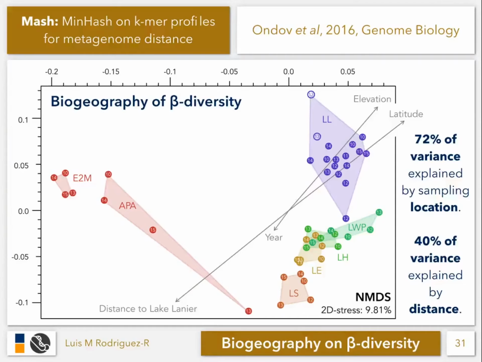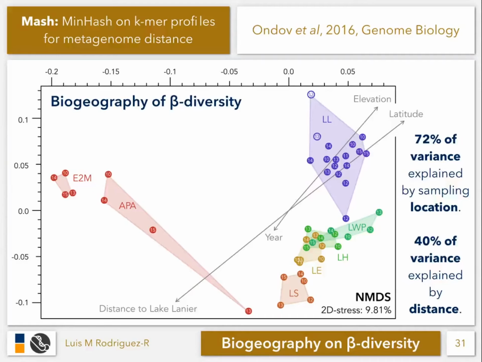Now, I'm going to completely bypass the methods and go straight into the results. Each one of these dots represents an entire community from one of the different lakes, and the lakes are highlighted with these polygons. What you can see is that communities sampled from the same lake are more similar to each other than to communities of other lakes.